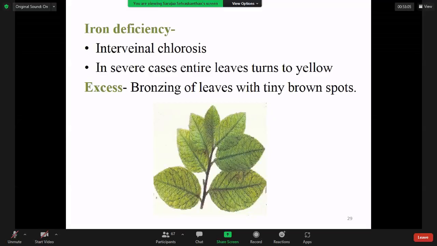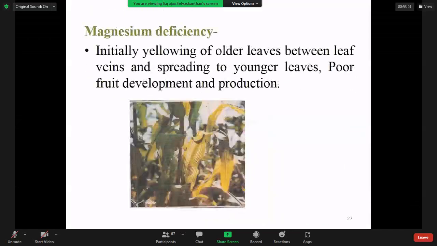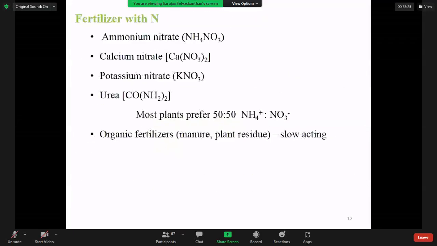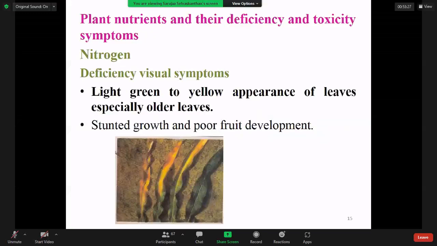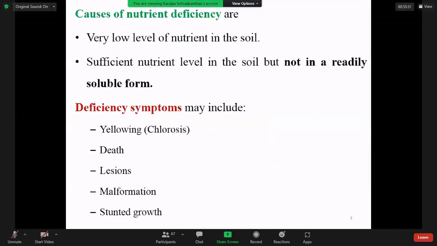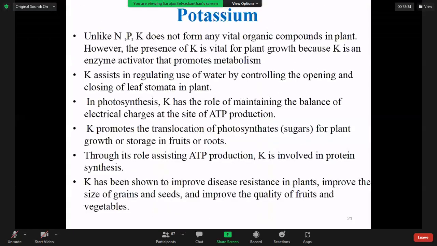In the deficiency symptoms, you can see interveinal chlorosis. What do you mean by chlorosis? We discussed it in the earlier slide, no? Yellowing. Changing from green to yellow.